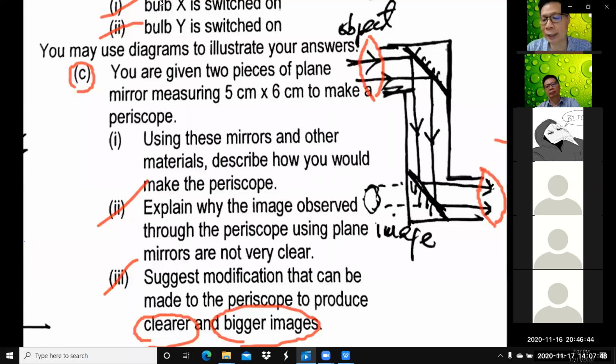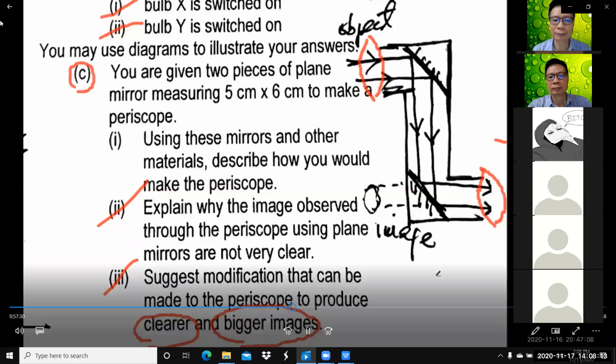One end is here, another end is here. Place 2 convex lenses at the 2 ends of the periscope. That's all. You put the lens here, automatically it becomes brighter and bigger, because the lens can enlarge the image.